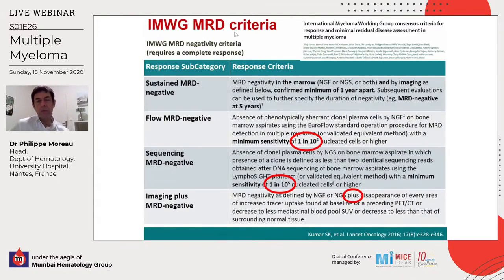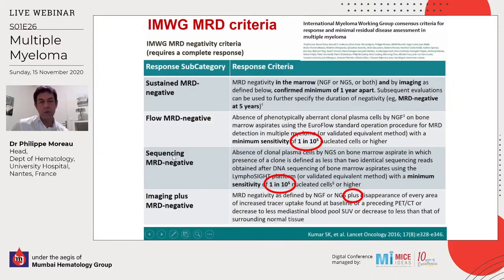In this paper proposed by Shaji Kumar as first author, Mayo Clinic, Rochester, Minnesota, we define flow MRD negativity with a sensitivity threshold of 10 to the minus 5 within the bone marrow.